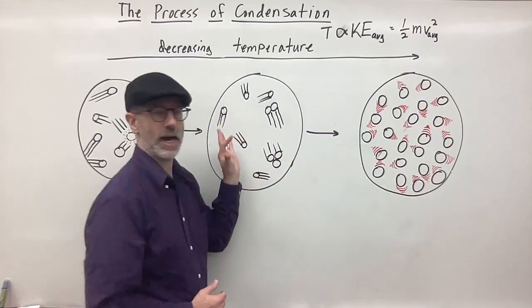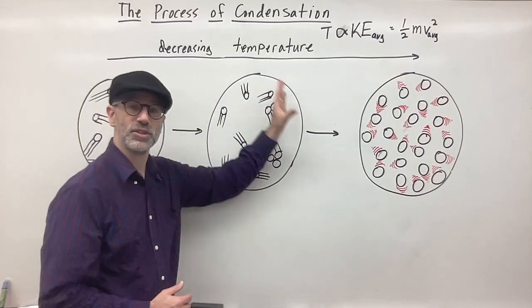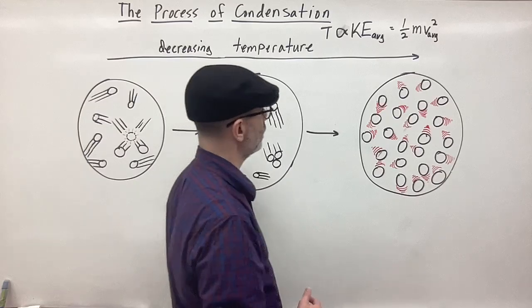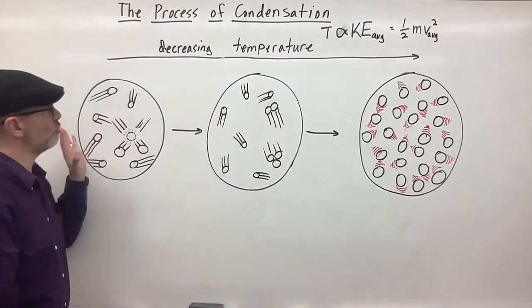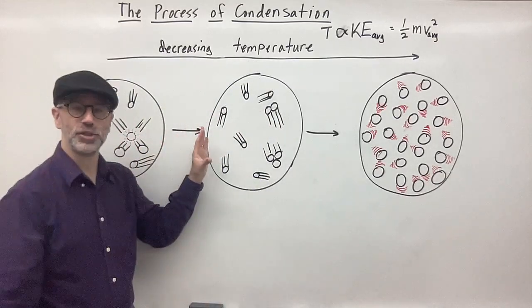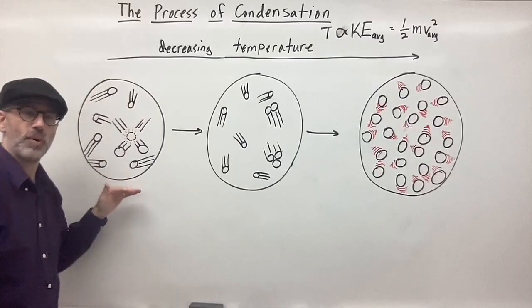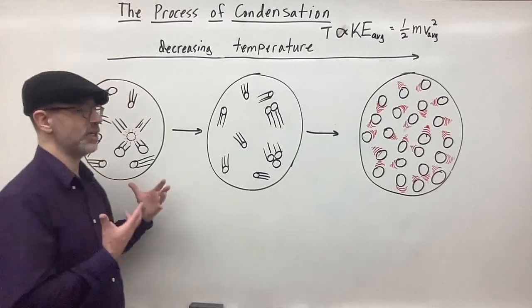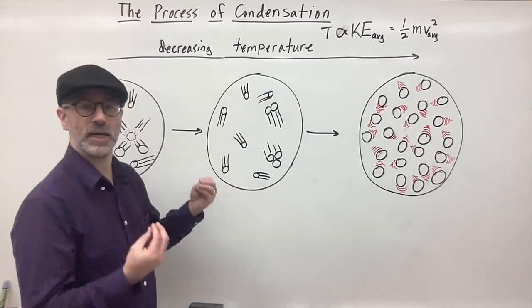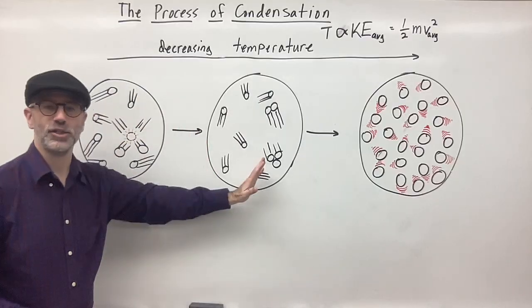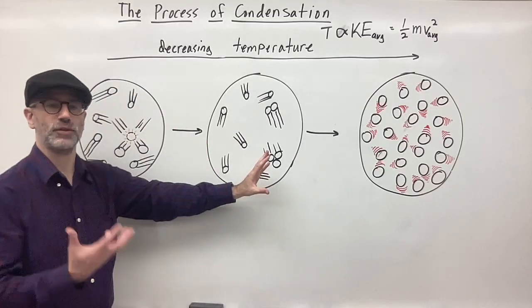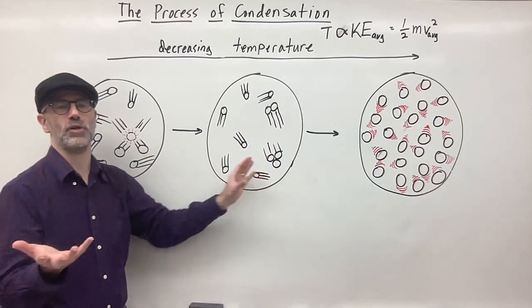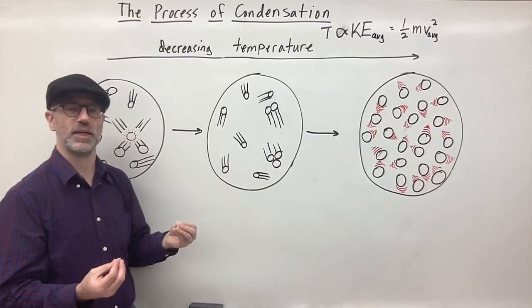This is where you're kind of getting the clumps to start to form, right? And so the idea here is as you are decreasing the temperature, you're slowing down the particles. They have less energy, less kinetic energy, meaning that the attractive forces are going to be relatively stronger. Now, the attractive forces are not changing, but the speed is.